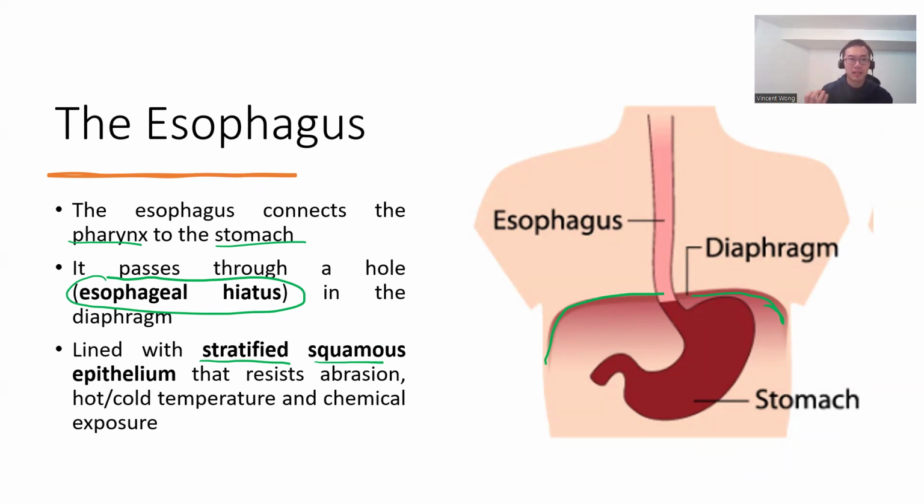It's actually a little bit pointy, and when it goes down the esophagus, we want to be able to protect the lining from cuts and stuff like that. So the stratified squamous is very suitable for that, as well as chemical exposure. Okay, the food that we eat might be acidic, it might be spicy. All this chemical exposure can lead to wear and tear of the esophagus, and so you need to have multiple layers of these squamous epithelium to protect the lining.